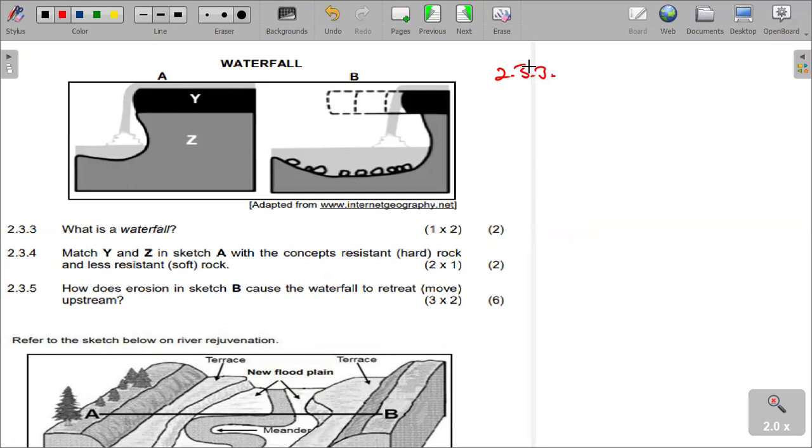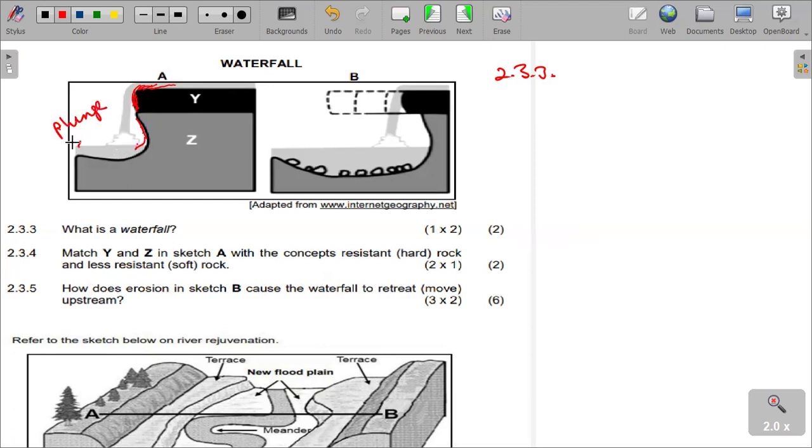A waterfall is where the water is flowing and then falls over a resistant rock surface, and underneath there is a less resistant rock, where it is going to form a plunge pool where the water falls.